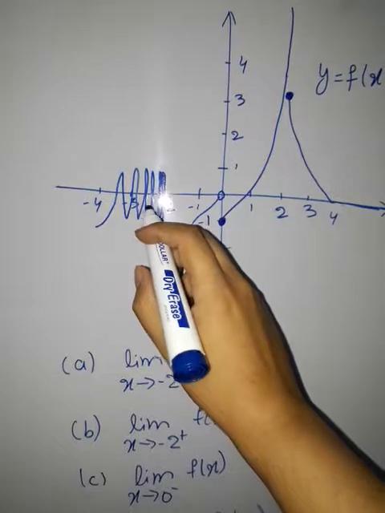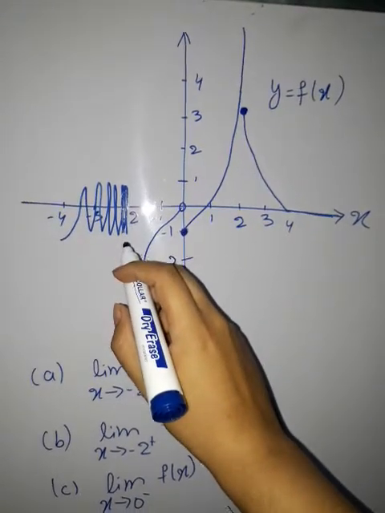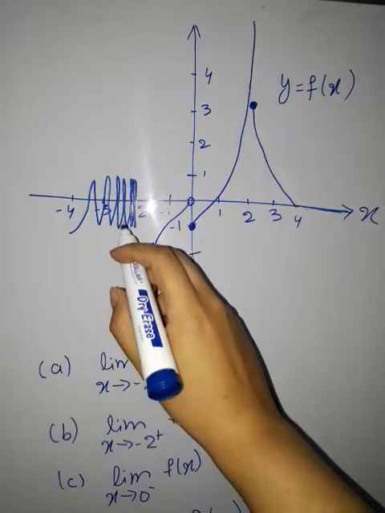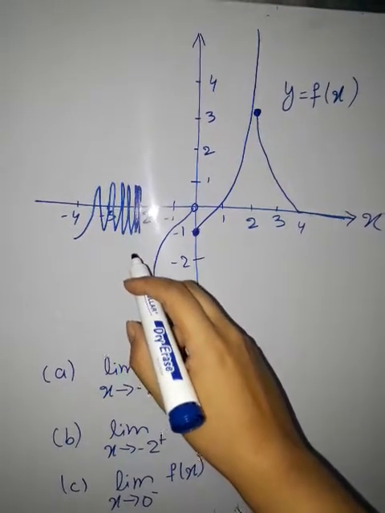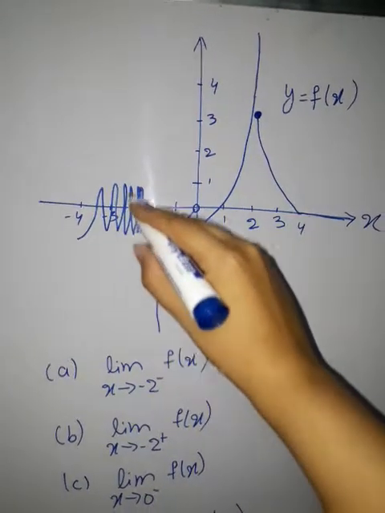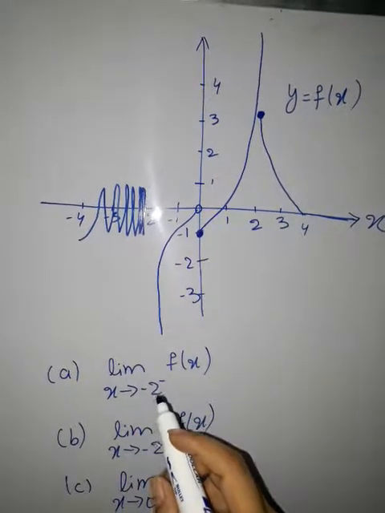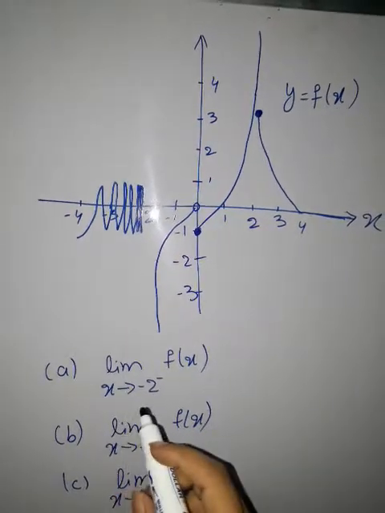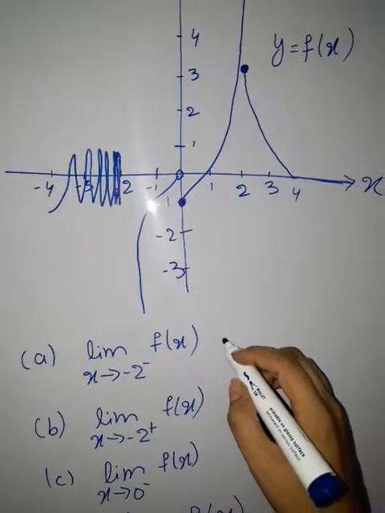Here, when x approaches -2 from the left-hand side, there is an oscillation. The function is changing its behavior very quickly. So the limit of f of x as x approaches -2 from the left-hand side does not exist.